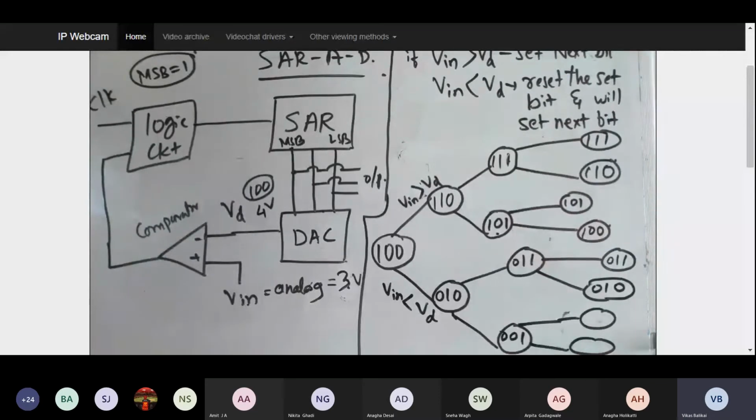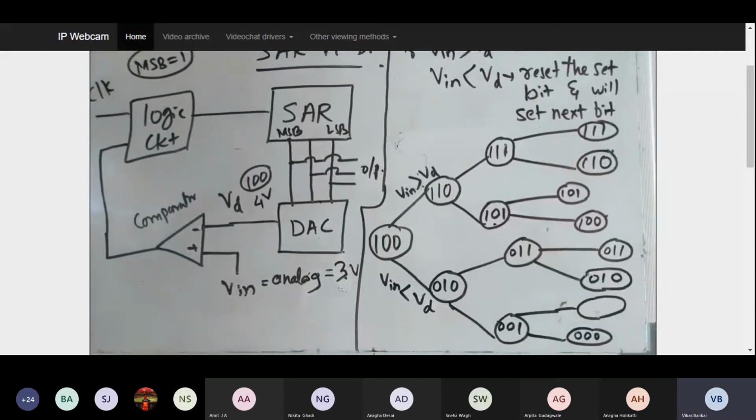What about here, the last wing? For this, if Vin is less than this VD, I will just reset the set bit. There is no set bit already, so I reset it, and unfortunately I don't have any further bit to reset, so I'll stop it over here.